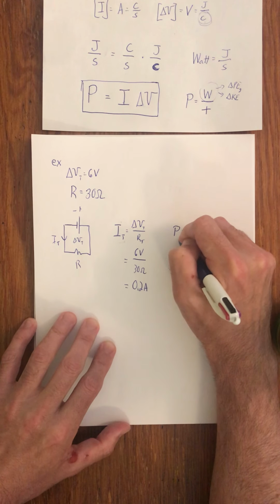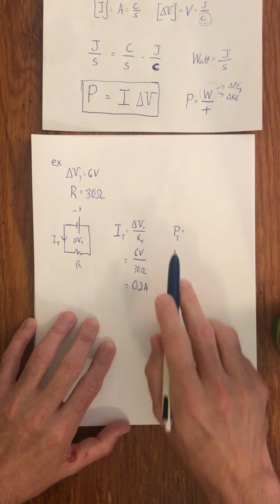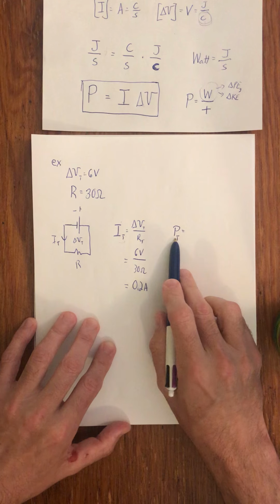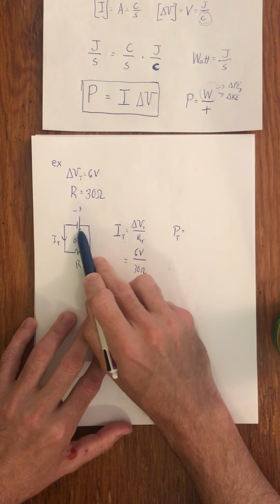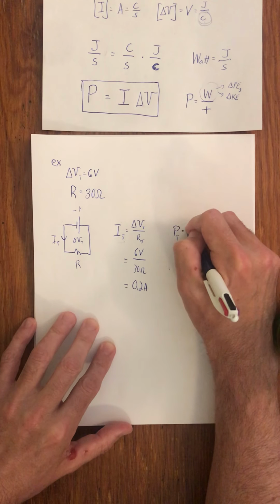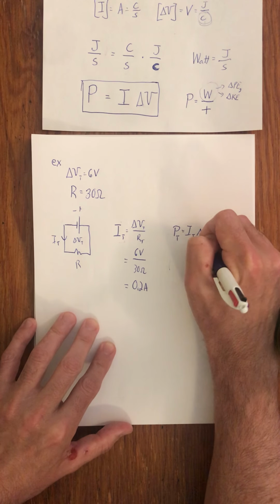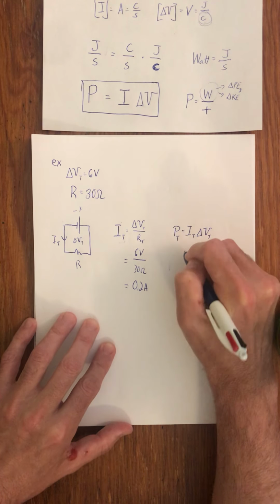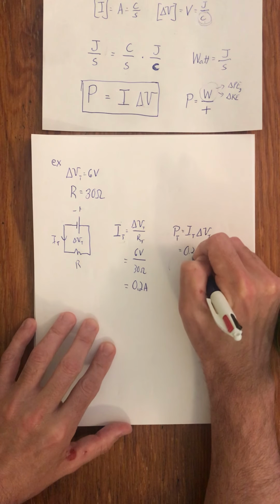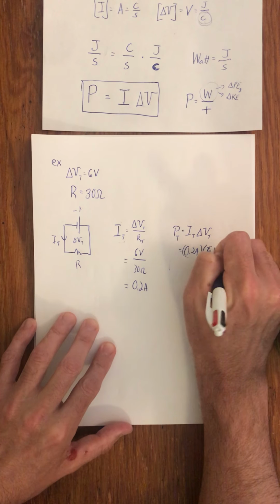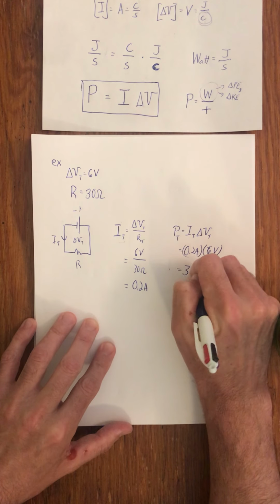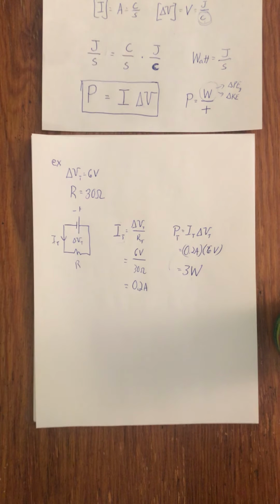So P_T would be the power supplied by the battery, or the rate at which the battery is converting chemical energy into electrical energy, and that would be the current through the battery times the voltage supplied by the battery. So that's 0.2 amps times 6 volts, and that is 3 watts.